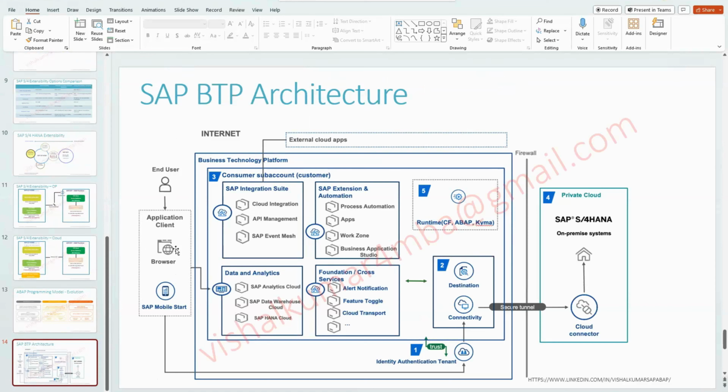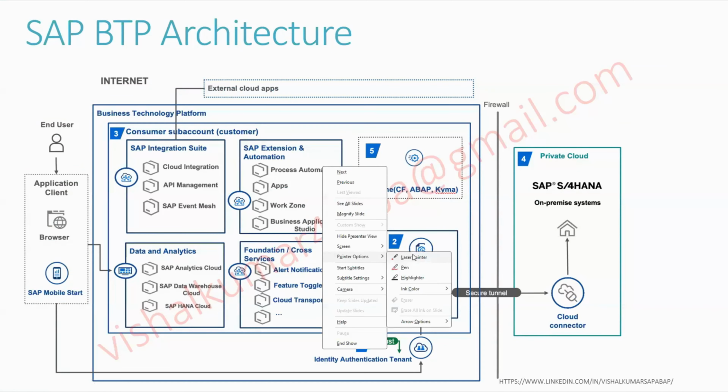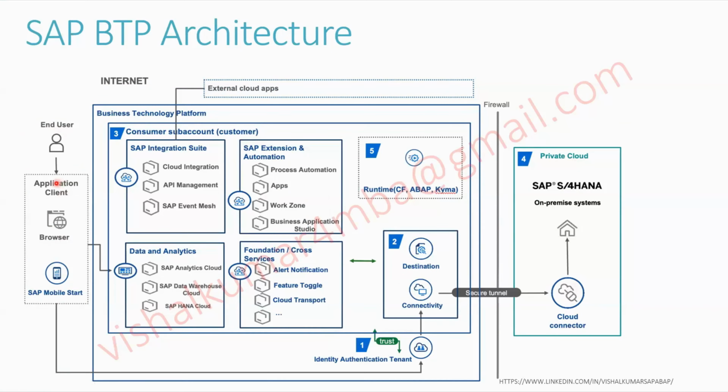Let me come into presentation mode. These are the end users, which could be a browser, a mobile application, or even third-party applications consuming the APIs. In the BTP layer, you have components for Integration Suite, extensions and automation, data analytics, and foundation cross services.